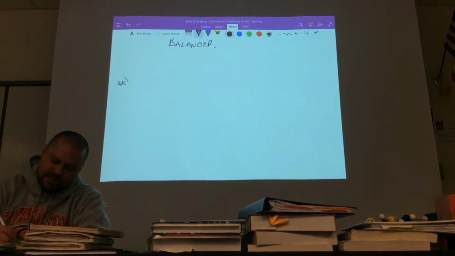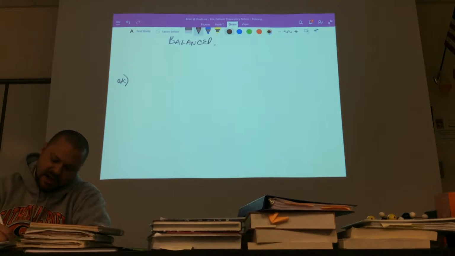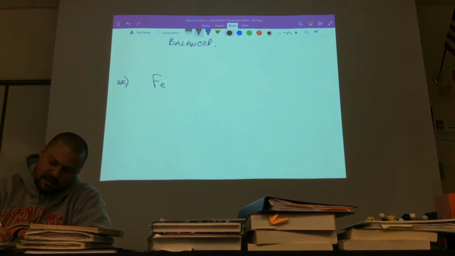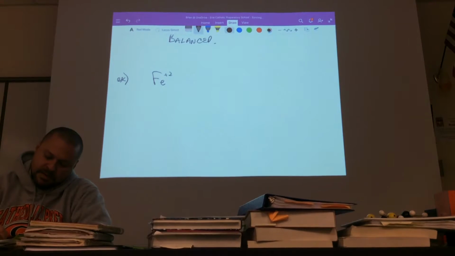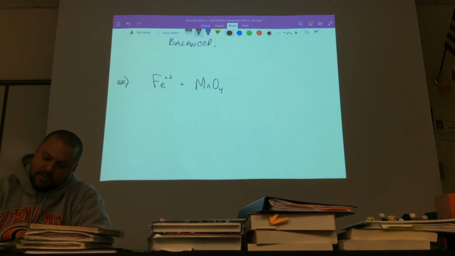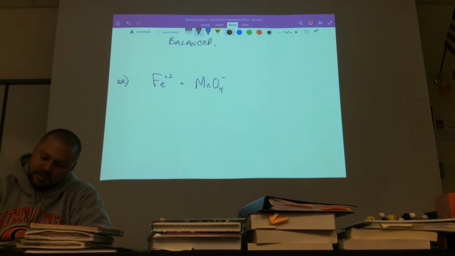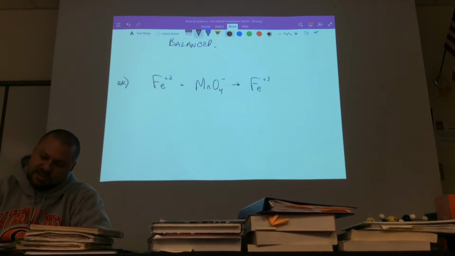All right, so let's do this now by example. Let's say this is an unbalanced redox reaction: Fe with an oxidation state +2 reacts with permanganate ion, MnO4 minus, to form Fe, which is now in the +3 oxidation state, plus manganese, which is +2.